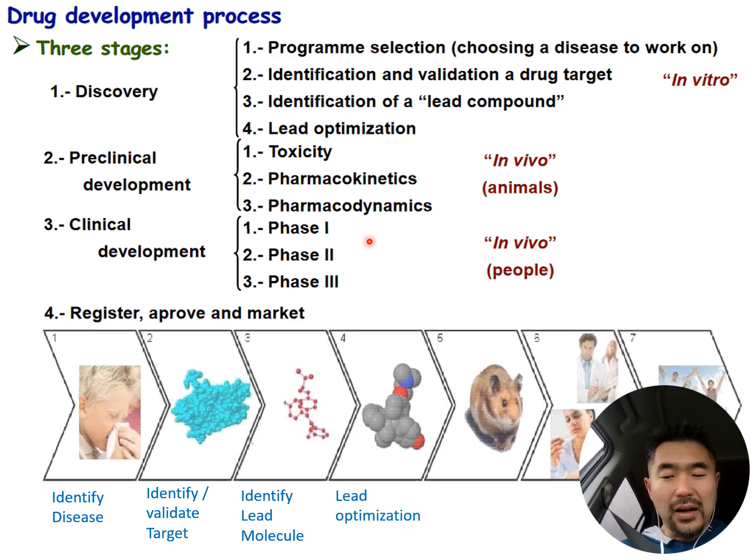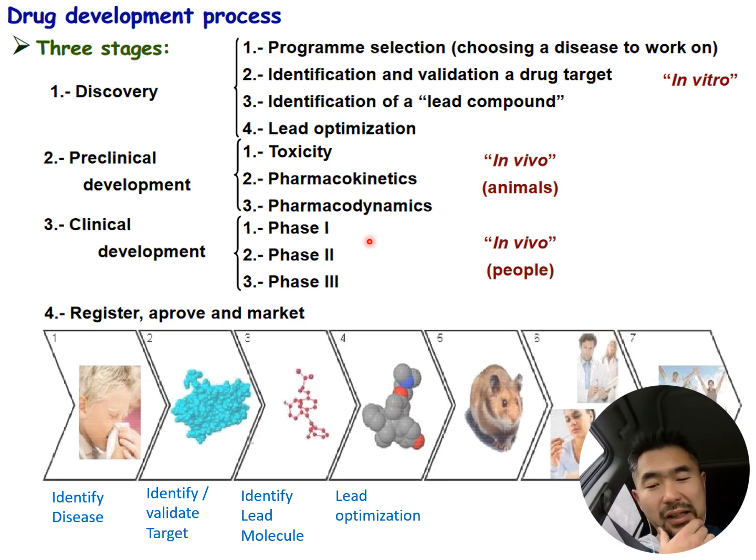After that, once you have a solid lead, and hopefully it passes things like Lipinski's Rule of 5, but if it doesn't, that would indicate that maybe the pharmacodynamics is good because in identifying your lead compound, supposedly you did some in vitro pharmacodynamic activity testing, bioactivity testing, and then it was good.